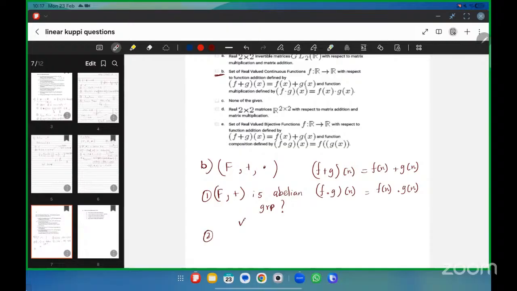So now we have to move on to the second operation, without the E sharp. So E plus. Previously E plus is equal to 0. We are neglecting 0 and performing the multiplication, the function multiplication. So we should check whether it's an abelian group or not.